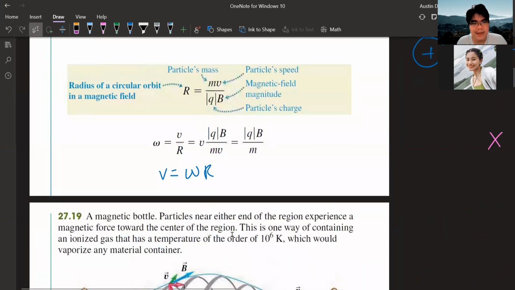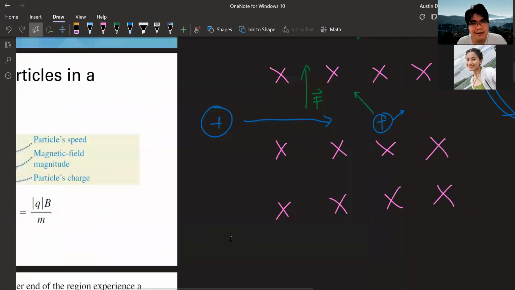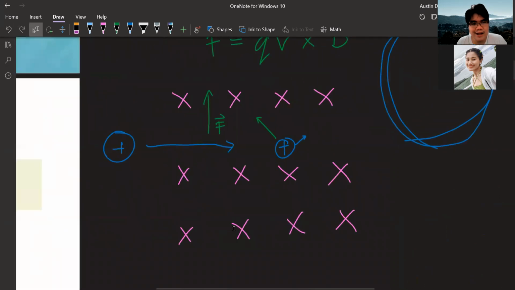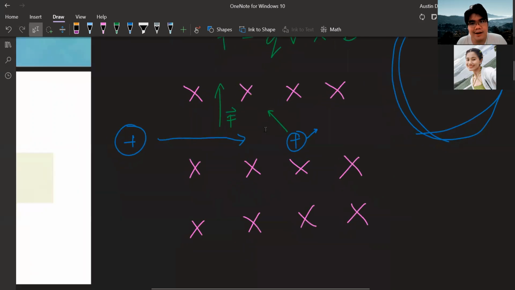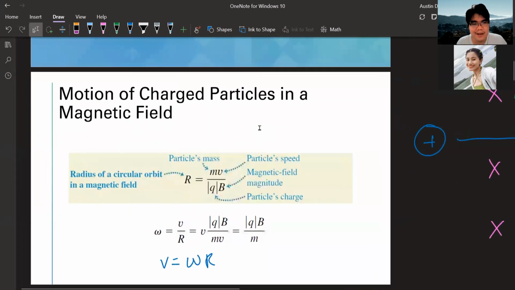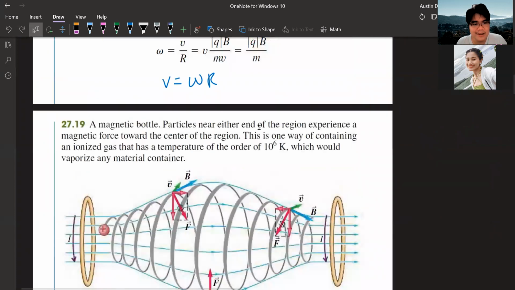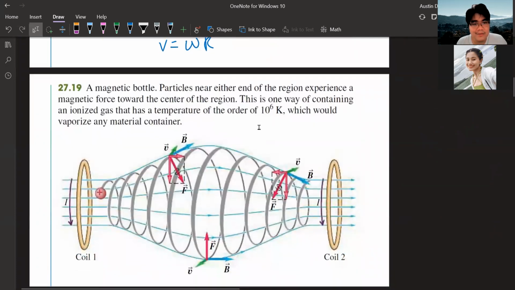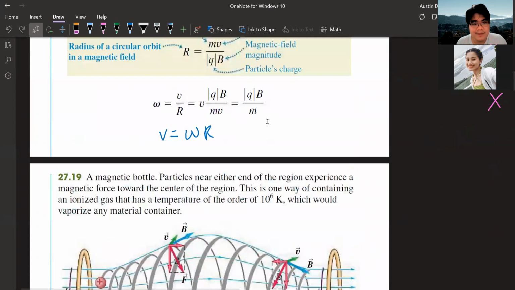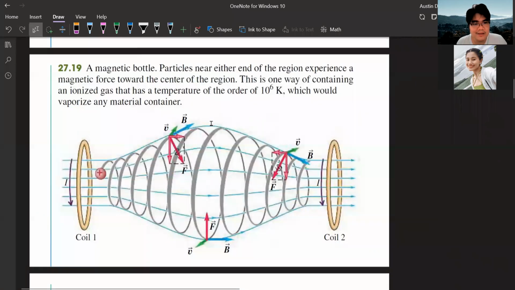Okay. So with that in mind, na yung usual nating mga charges, they would just rotate around the magnetic field. Okay, ano pa yung mga ibang application ng magnetic force natin? Okay? So ito, meron sa libro nyo, magnetic bottle yung tawag dito.